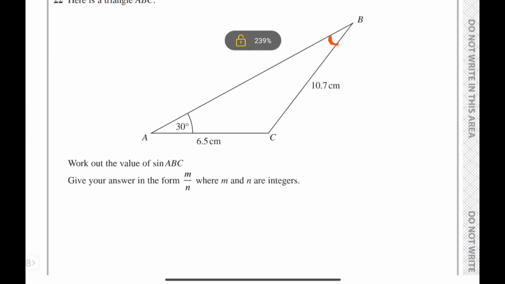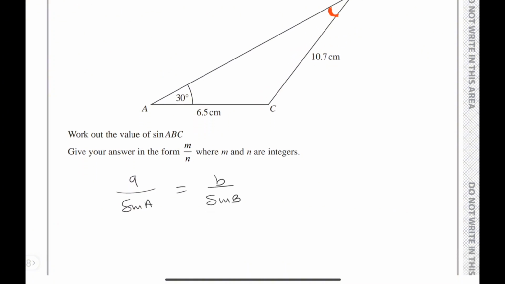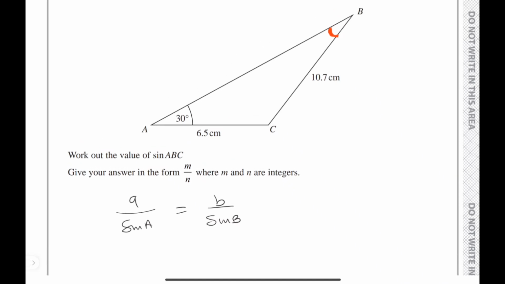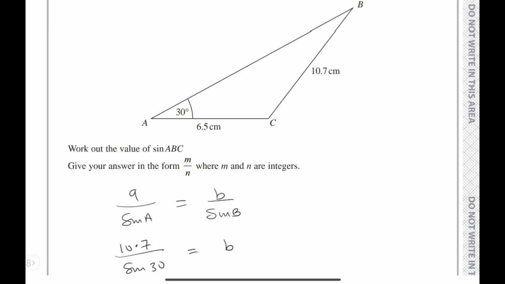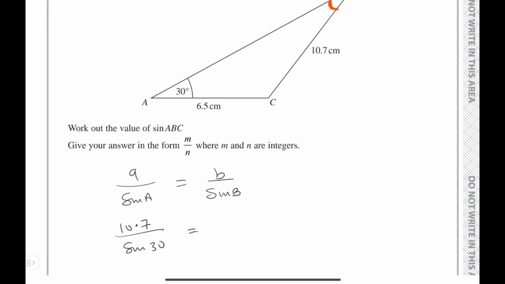So using the sine rule, a over sine A is equal to b over sine B. So what is A? The value of A is 10.7. So 10.7 over sine 30 is equal to B, which is 6.5 actually. 6.5 over sine B.